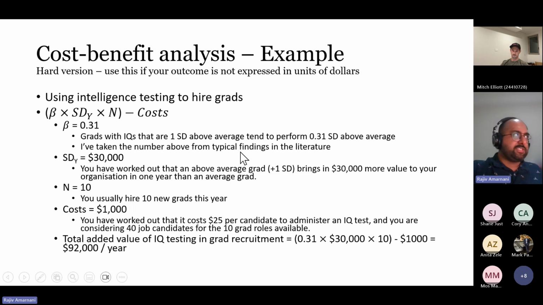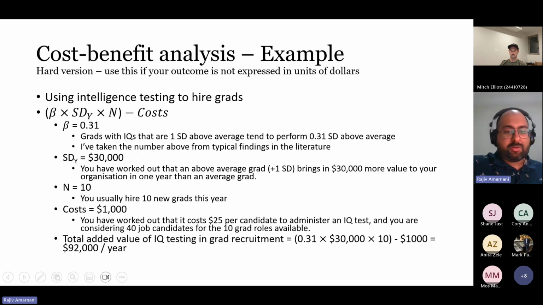So working through an example here, a classic one, using IQ testing to hire grads for your grad program. Let's implement the formula here. We know in the literature that grads whose IQs are 1 standard deviation above average tend to perform 0.31 standard deviations above average. You see this again and again. So 0.31 is the beta.